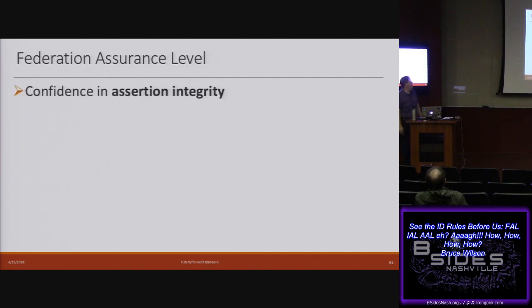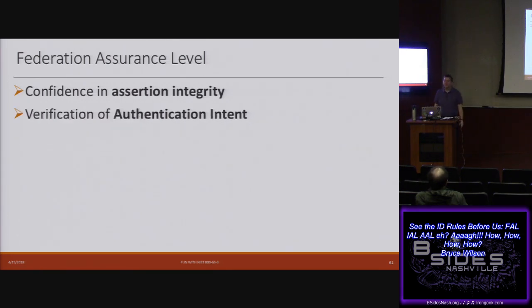So federation assurance level is really talking about the confidence in the assertion's integrity. Was that information transmitted correctly from the identity provider to the service provider? And it also, particularly when we get into holder of key, is looking at authentication intent and making sure that somebody didn't grab that bearer token and try to replay it.